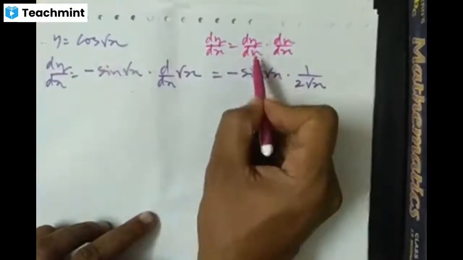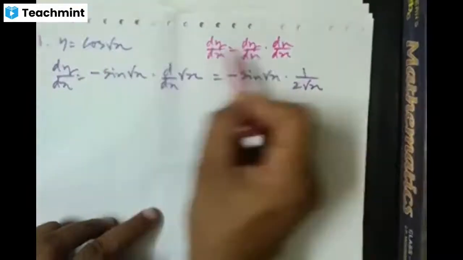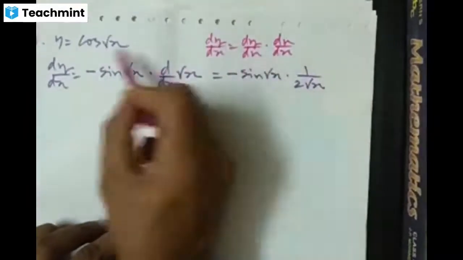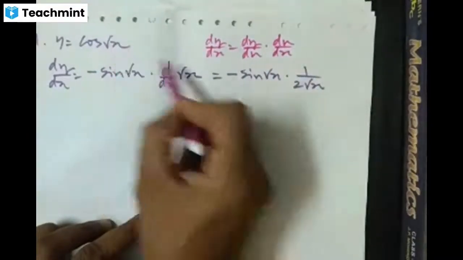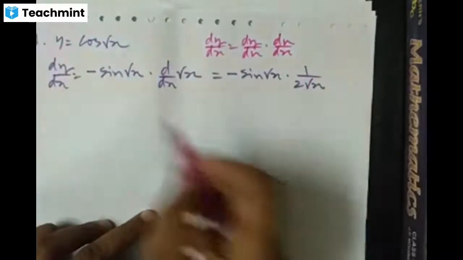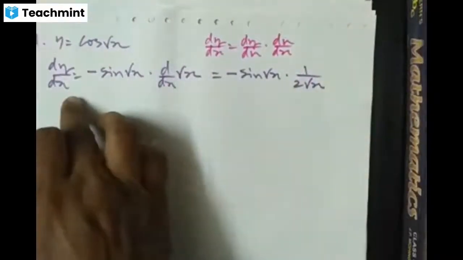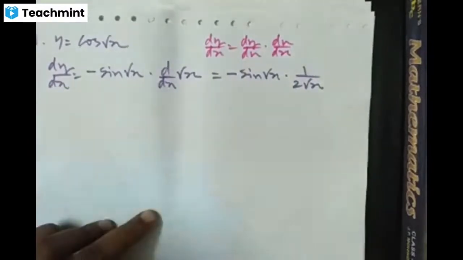Say dy by du, you just assume this as cos u. The derivative of cos u with respect to u is minus sin u into d by dx of u. Here u is root x. d by dx of root x is 1 by 2 root x. Understood? Directly you can write the derivative of y with respect to x.